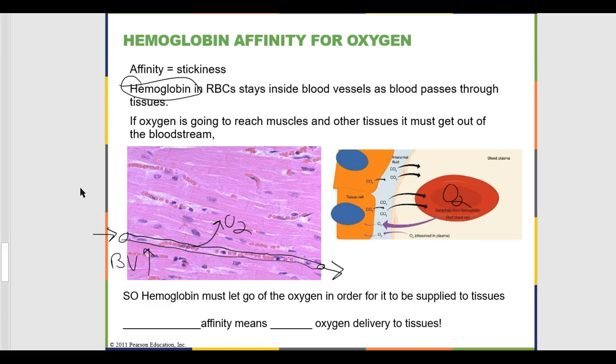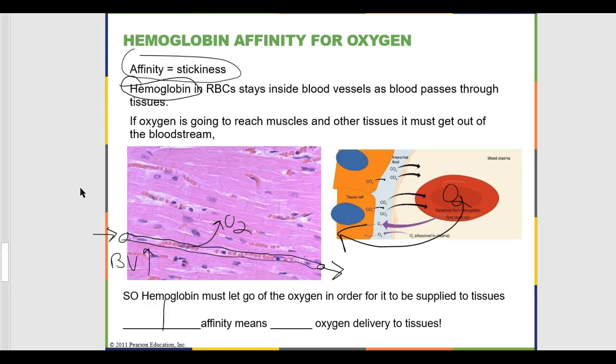The oxygen has to get out of the blood vessel to the surrounding tissue. In order to do that, it needs to let go of the hemoglobin. Affinity means stickiness, how tightly the oxygen is stuck to the hemoglobin. If you are going to deliver it, it needs to become unstuck so that it can go from the red blood cell into the tissue that needs it.